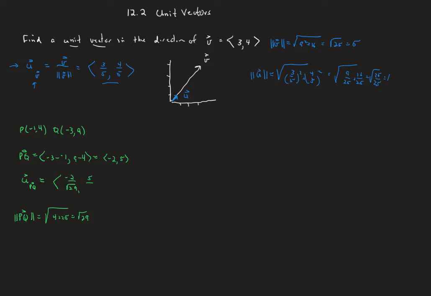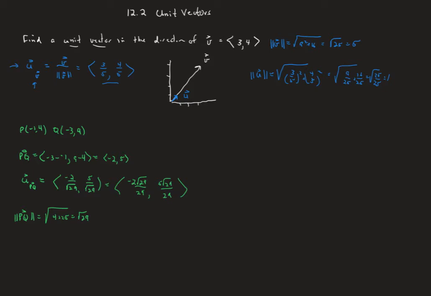And similarly, the y component becomes there, and we'll be expected to rationalize that. And hopefully that's not a big deal. And we'll get -2 square root of 29 over 29, 5 square root of 29 over 29. So there is our unit vector in the direction of PQ.